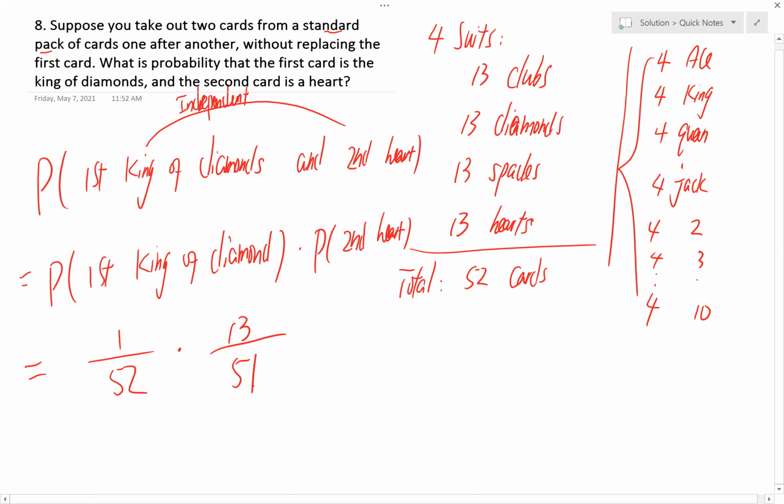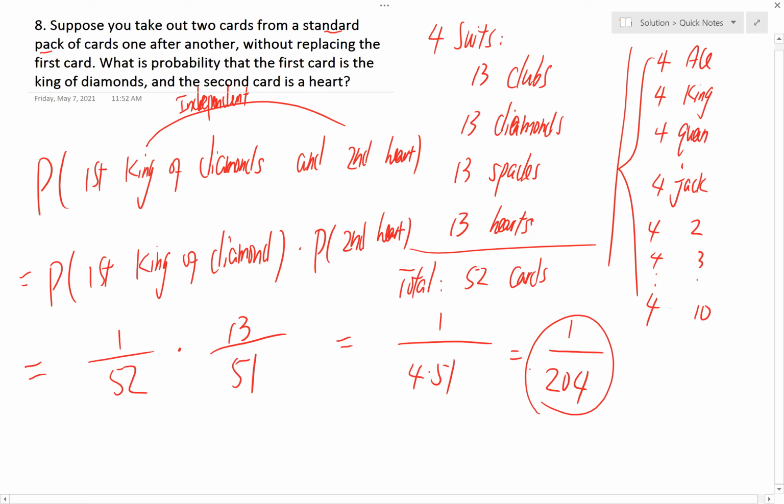Okay, and that's basically how you multiply these 2, and you can simplify this. 13 to 52 is 4 times, so this basically becomes 1/4 times 51. It's 1/204. So this is the exact fraction.